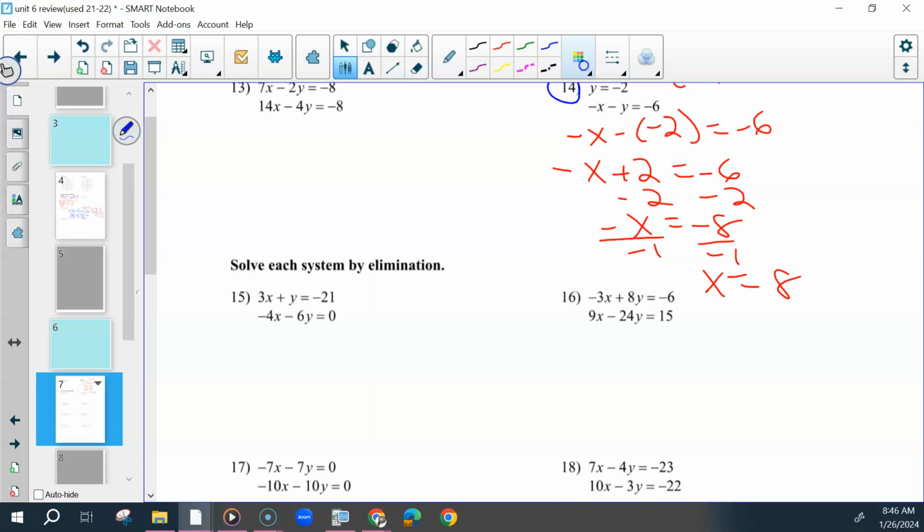If we want to eliminate the y's, we have to make these the same. 8 goes into 24, so I could just multiply the first one, or you can multiply them both, it doesn't matter. What could I multiply this by to get 24? 3. So that would become negative 9x plus 24y equals negative 18.